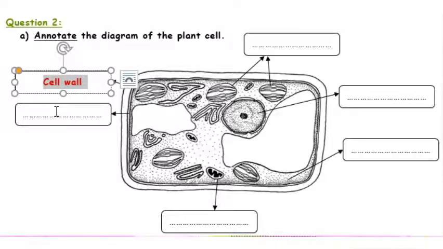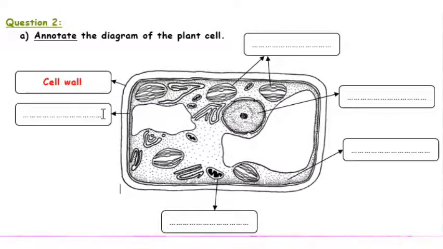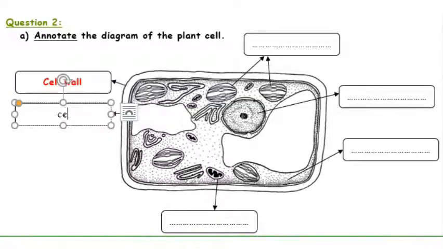Since plant cells have a thick, rigid outer membrane, what do we call the inner membrane of a plant cell? Cell membrane. Both animal and plant cells have a cell membrane that surrounds the cytoplasm.